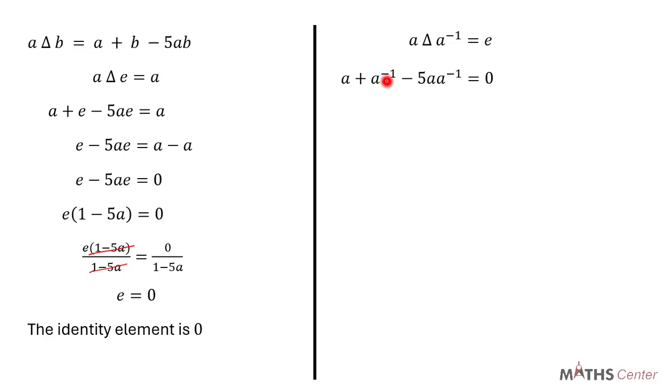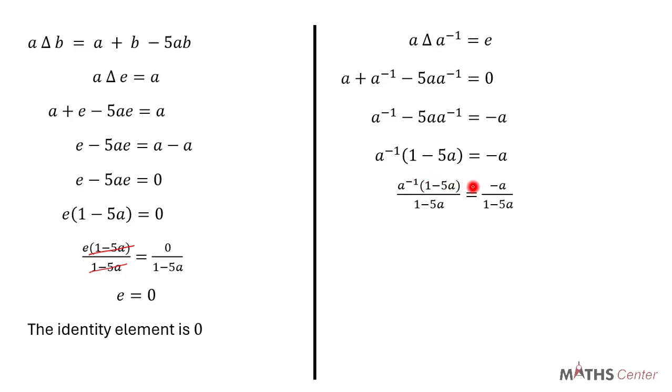We want to find A inverse, so I will send A to the right hand side. When I do that, I'm going to have A inverse minus 5 times A inverse is equal to negative A. I'll factorize A inverse out here. When I do that, I'm going to have A inverse into bracket 1 minus 5A is equal to negative A. We then divide both sides by 1 minus 5A.